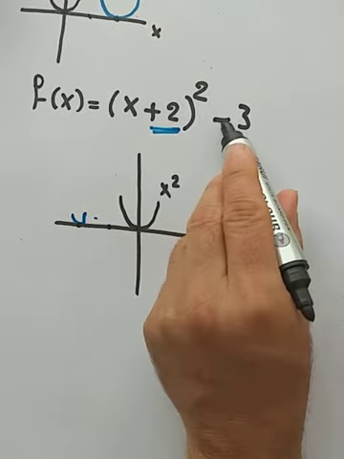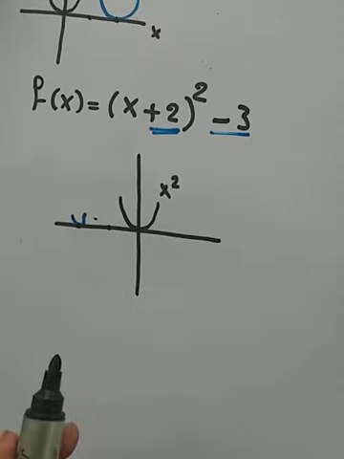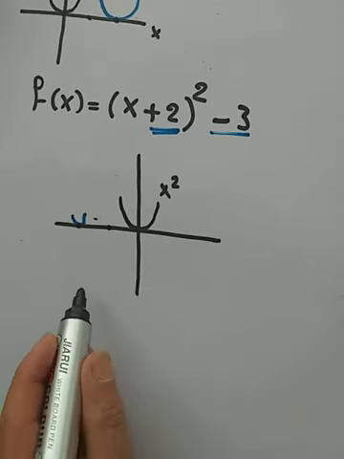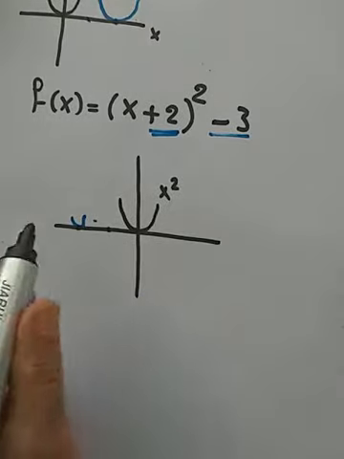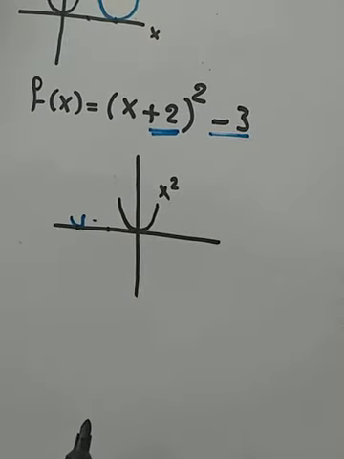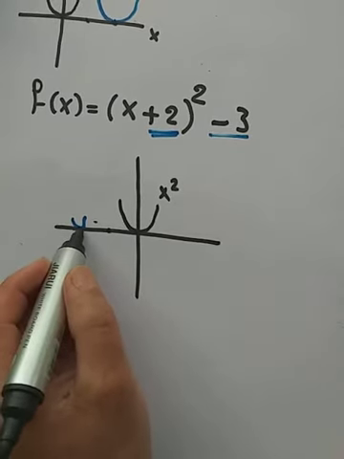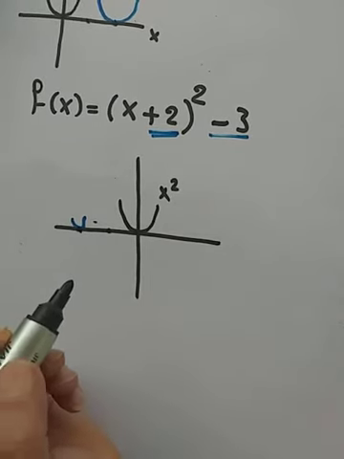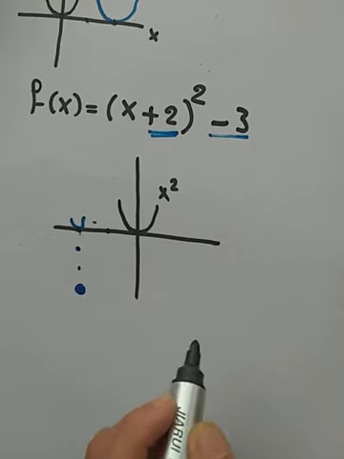And minus 3. This minus 3 is a vertical shift. This is a horizontal shift, left to right. Up or down is a vertical shift. We shift this graph 3 units down, 1, 2, 3.